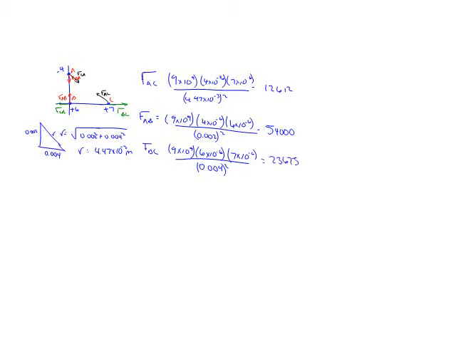Okay, so now let's find the force on each one of these and look at its direction. We're going to start with the force on B first because it's the easiest one, and then I'll show you why the other two are a little bit more difficult. Okay, the force on B is going to be equal to the force on, this one's still going to be, not so fun.